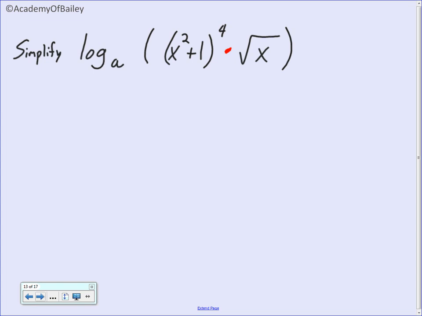We know it's a product property, so we're going to have log base a of the first number, x squared plus 1 raised to the 4th power, and we're going to add it to log base a of the second number.